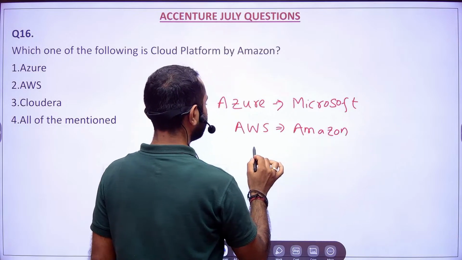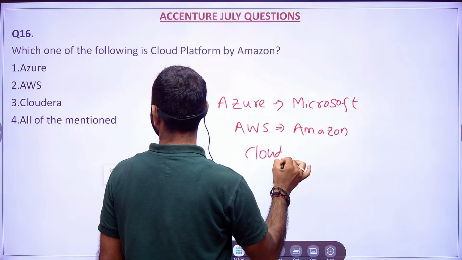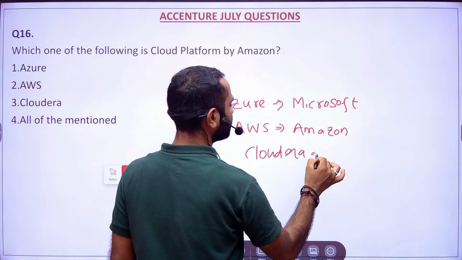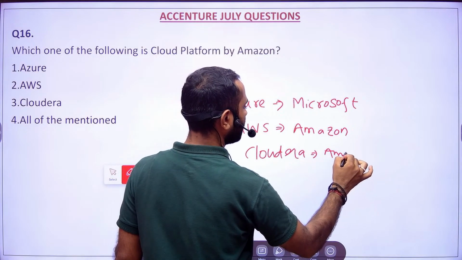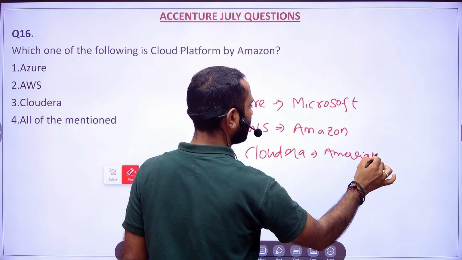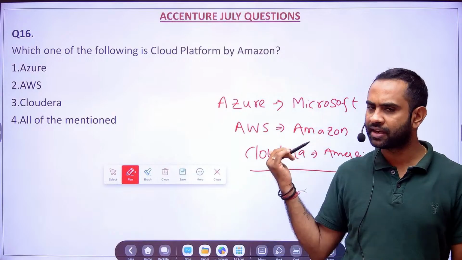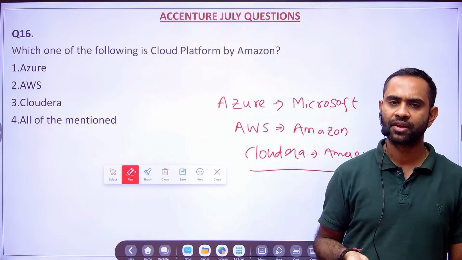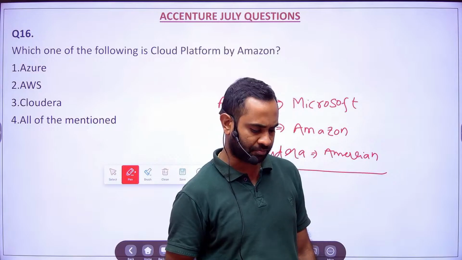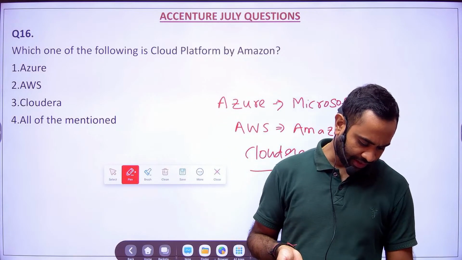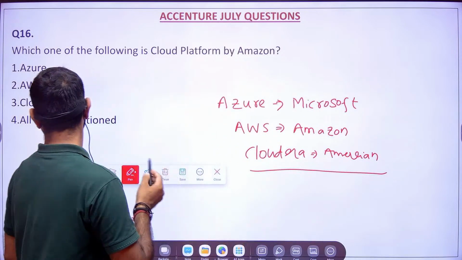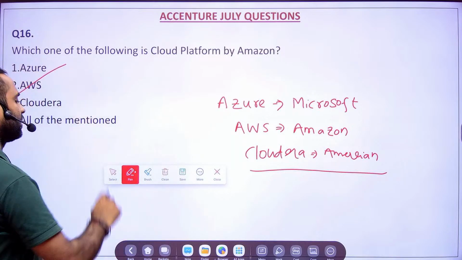Then Cloudera is an American company, and it's not by Amazon, Microsoft, or some other cloud company. Cloudera itself is a cloud-based company. So the answer will become AWS. Option 2 will be the correct answer.